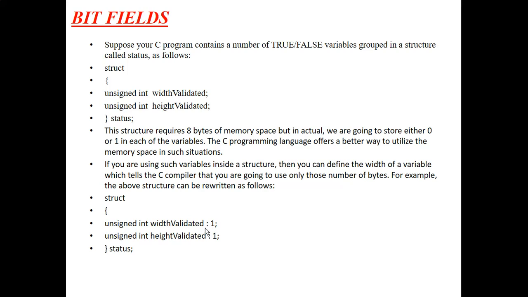By using the width of the bitfield concept, I am assigning those values as 1 and 1. That means the width validated and height validated variables take only 1 unit of data in the memory location. So the space is saved, the program readability increases, and it is very easy for the compiler to execute the program. At the same time, the readability of the program is also improved.